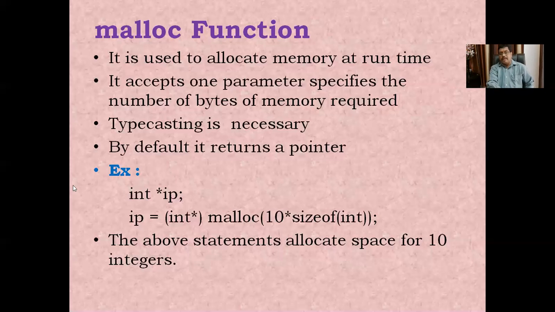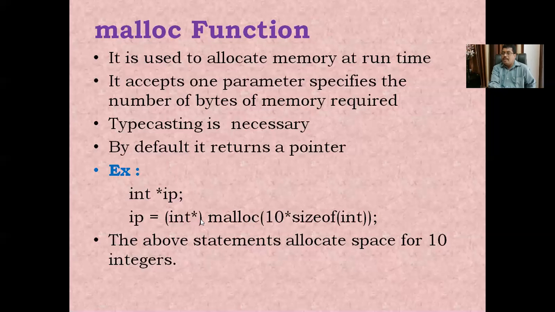Here we consider one example: int star IP. IP is the variable name, and it holds the address, so it is specified as a pointer variable. IP equal to malloc function. How many memory locations are we taking? We take 10 memory allocations, 10 into sizeof int. That means however many bytes are essential for storing an integer value, we multiply by the number of locations.